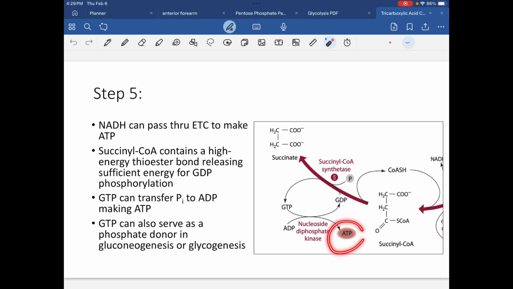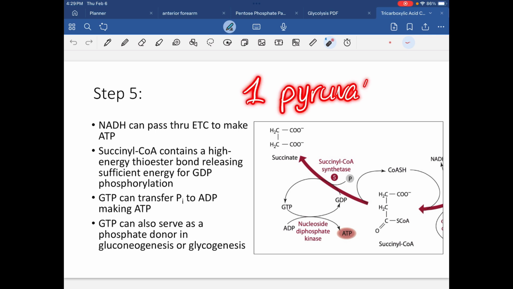So it is important to know that for every 1 pyruvate, we're going to get 1 ATP, or at least 1 ATP equivalent. You're going to say to yourself, isn't this a metabolic process? Shouldn't we be forming energy? The purpose of the citric acid cycle is less to directly form ATP. Remember, like I've been saying over and over and over again, we're looking for the formation of those electron carriers. This is just a little bonus.